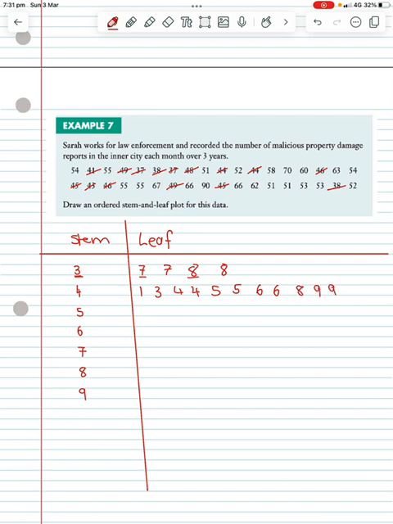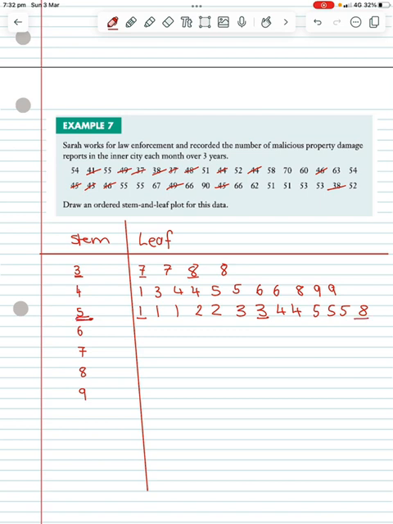I'm then going to do my 50s. I've already done this on a separate bit of paper, so pretend I've written them all down off to the side and then organized them into order. So I've got 1, 1, 1, 2, 2, 3, 3, 4, 4, 5, 5, 5, 8. Again, this is written as 51, 53, 58.